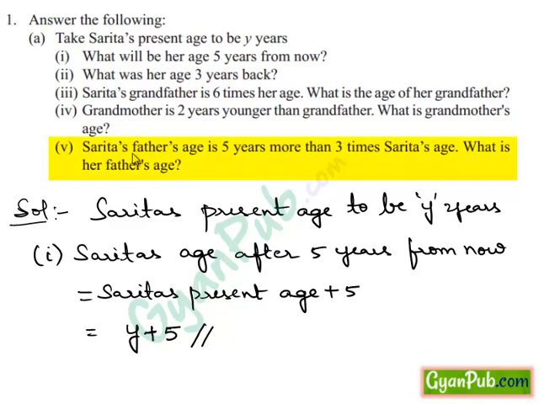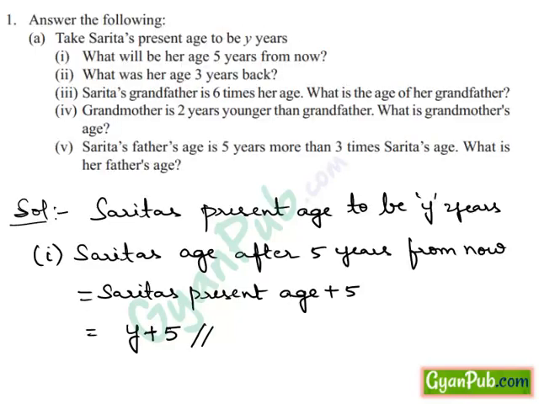Now moving on to the next bit. Sarita's father's age is 5 years more than 3 times Sarita's age. What is her father's age? Now moving on to the solution. Here they have asked us to find Sarita's father's age.